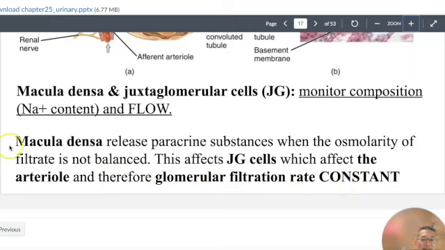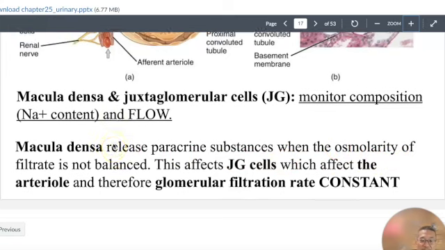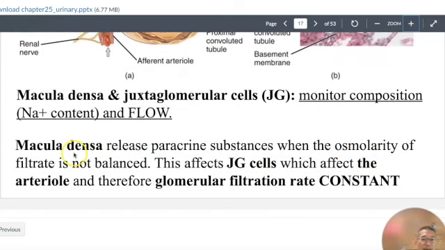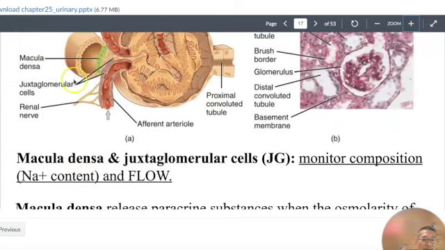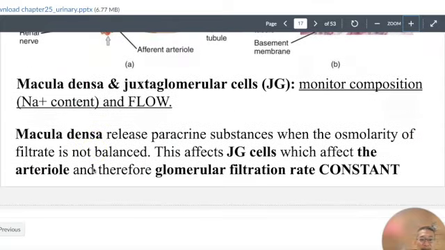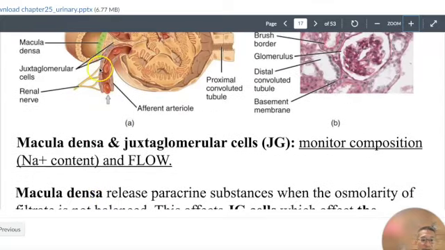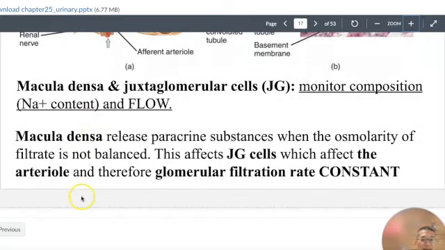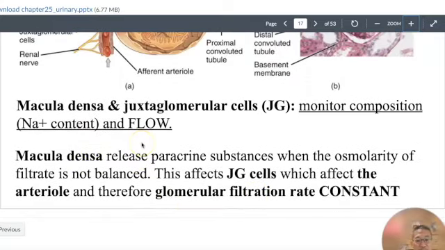Whenever it senses osmolarity that is not balanced, it will affect the juxtaglomerular cells, which will affect the arteriole, and therefore the glomerular filtration rate.